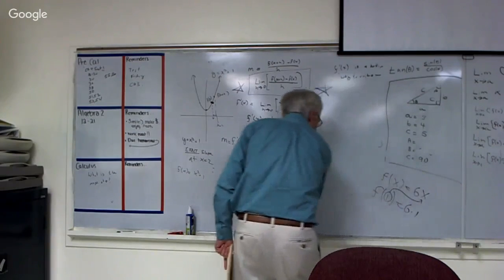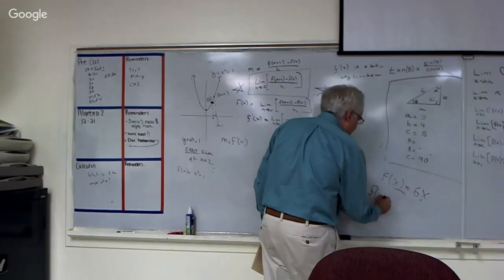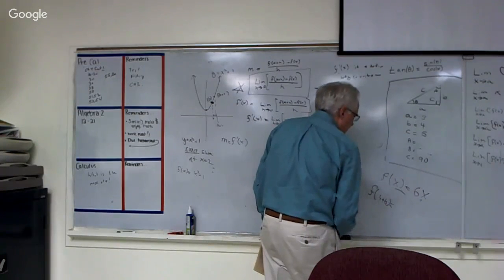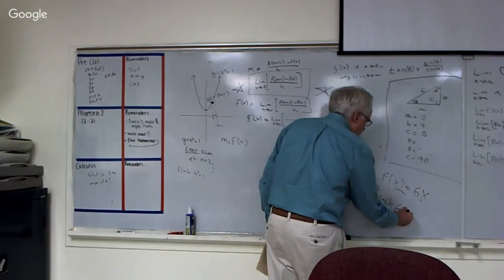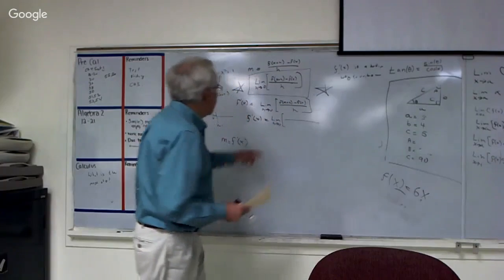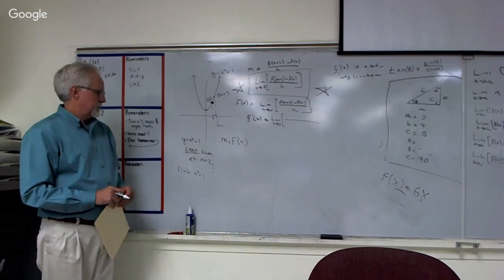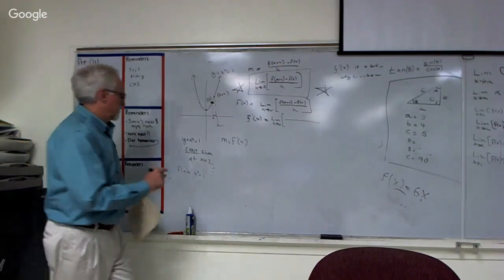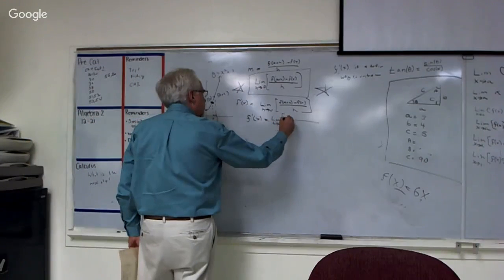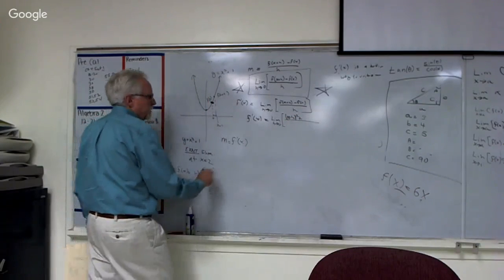There. Okay. What is f of a plus b? 6 times a plus b. Okay. So, what is f of x plus h? X plus h squared plus 1.